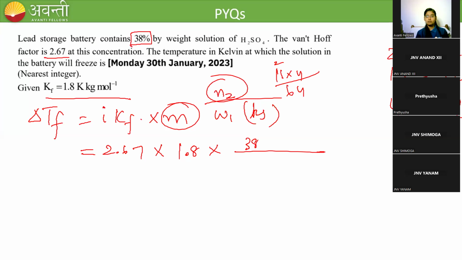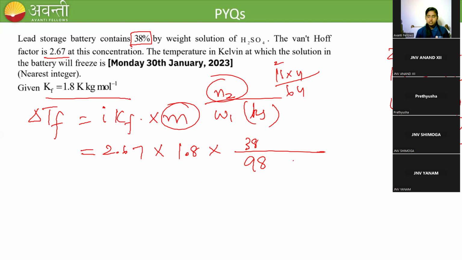One of you check the molar mass of H2SO4. Yes, 98 is the molar mass, and we have the mass of the solvent also.